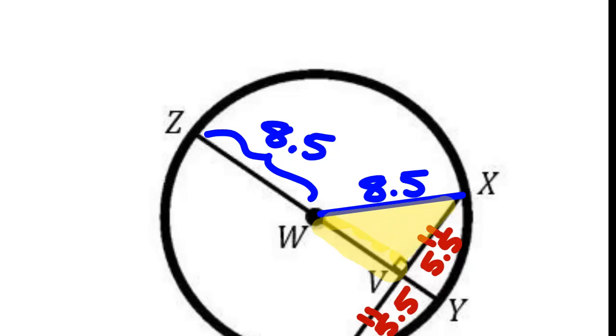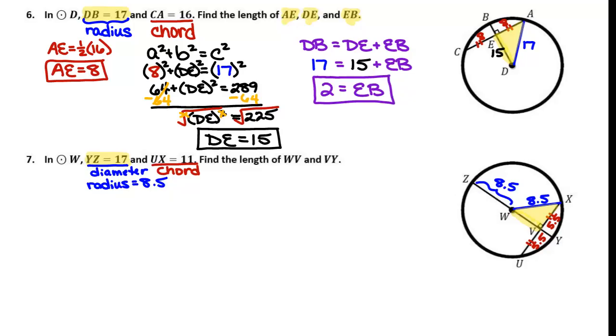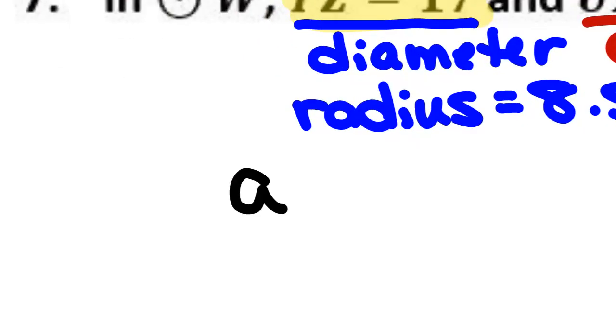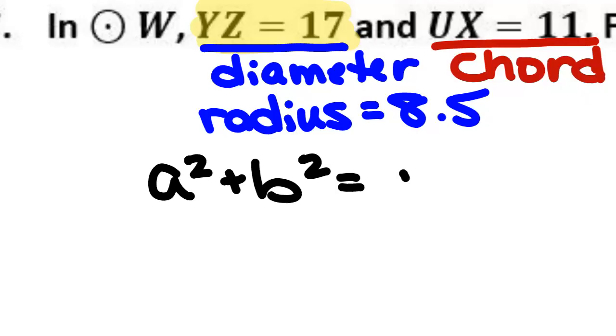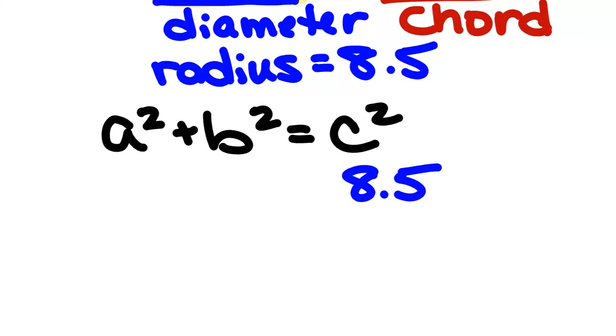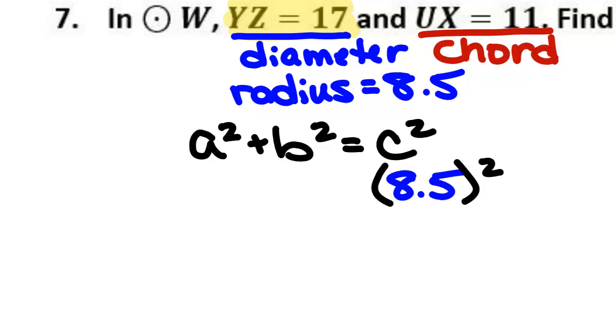So now we're going to use Pythagorean theorem. A squared plus B squared equals C squared. What goes in for C? 8.5, because that's our hypotenuse. We put 5.5 in for either A or for B. I'm going to put it in for B this time, just to do something different.